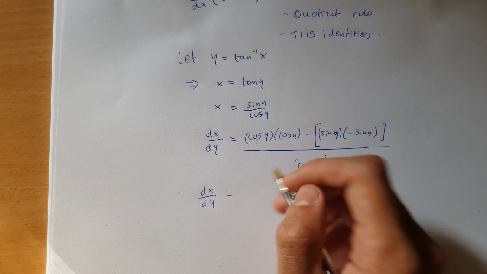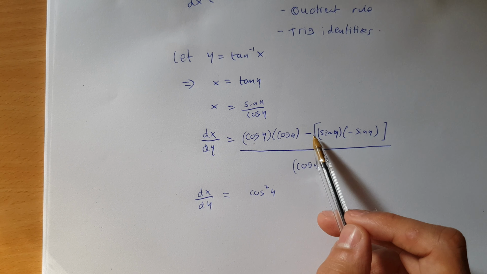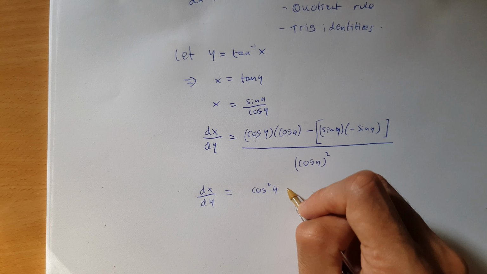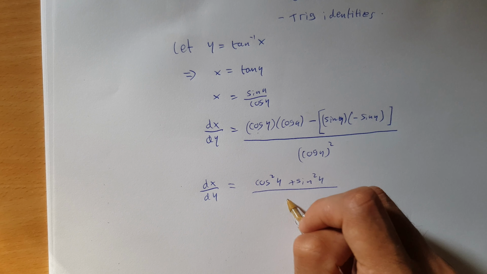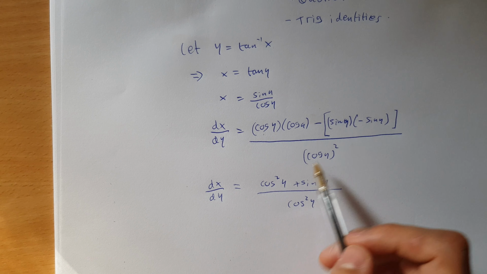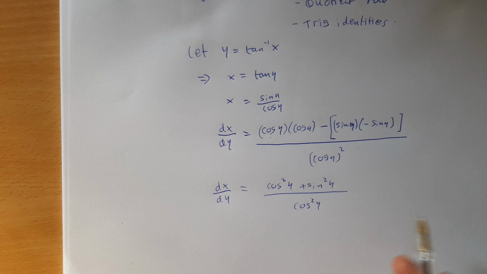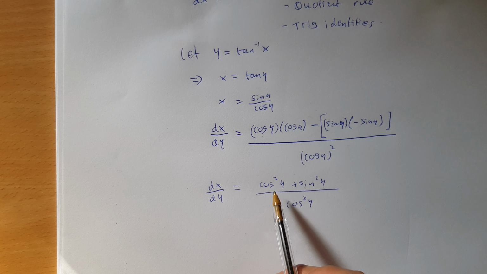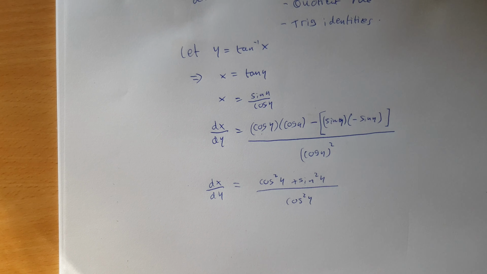So dx dy is cos squared y, and also minus times a minus, that's a plus, plus sine squared y, over cos squared y. Now some people might start to get confused here, and admittedly it does look extremely confusing. In this case, we already know that sine squared y plus cos squared y is 1, yeah?